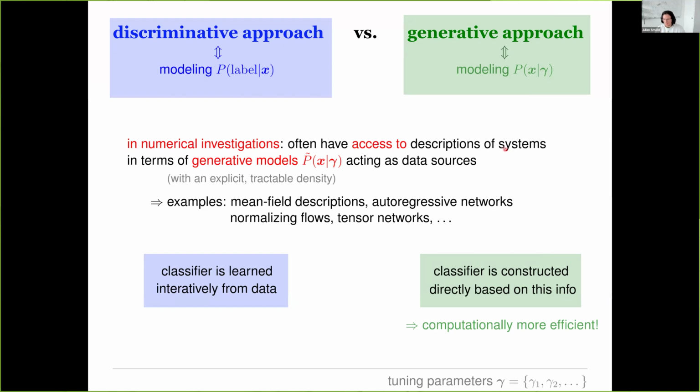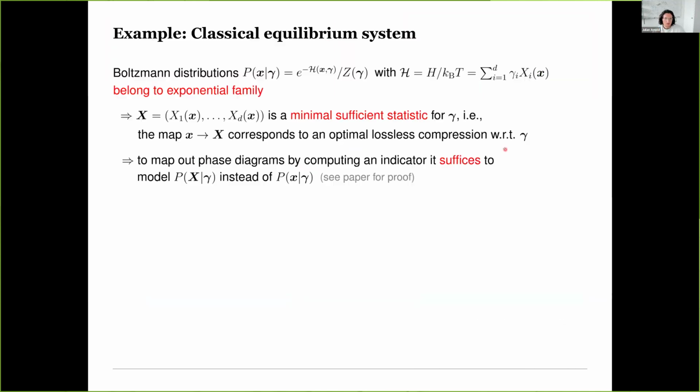So in the following, I'm going to consider two specific examples where this generative approach is advantageous in comparison to the discriminative one. So the first example belongs to the class of classical equilibrium systems. So what I imagine is that we have a system described by a Boltzmann distribution, and the Hamiltonian curly H takes on a specific form.